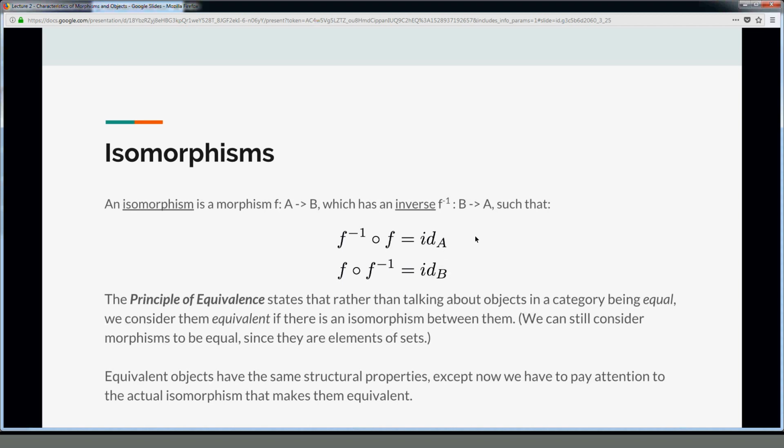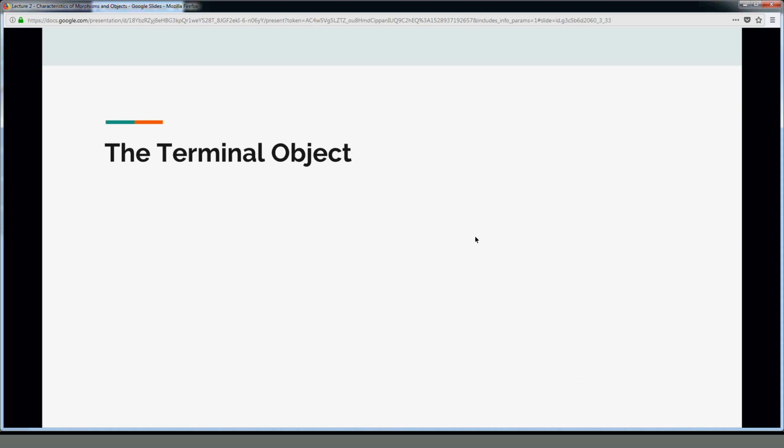So let's talk about some specific objects in our categories. The first I'll talk about is the terminal object. Now, this is a generalization of a singleton set. A singleton set is a set with one element.